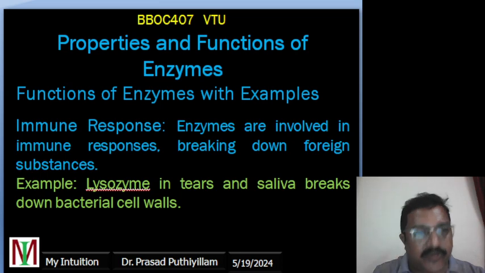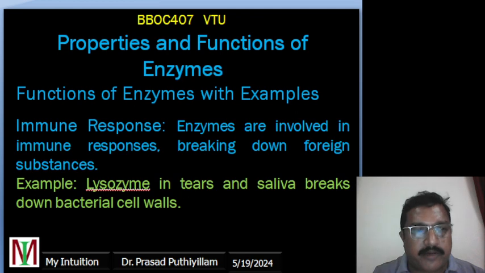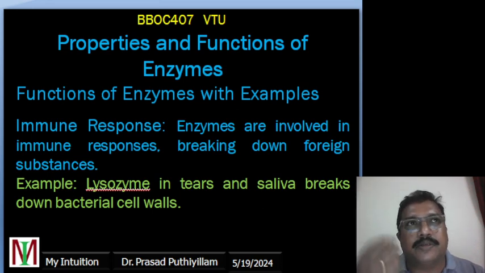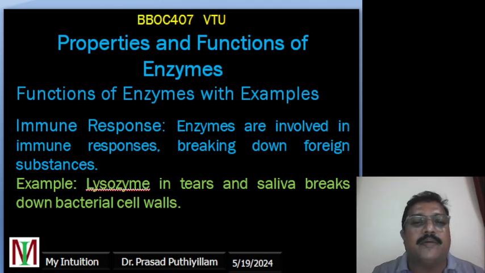For example, take lysozyme in our tears, or in saliva. It has natural antibacterial properties, so whenever something falls into our eyes, the tears come immediately, that antibacterial property is there, and if anything poisonous is there, it will be killed. And whatever we eat, our saliva provides the first antibacterial activity, the immediate breakdown of the cell walls of bacteria.